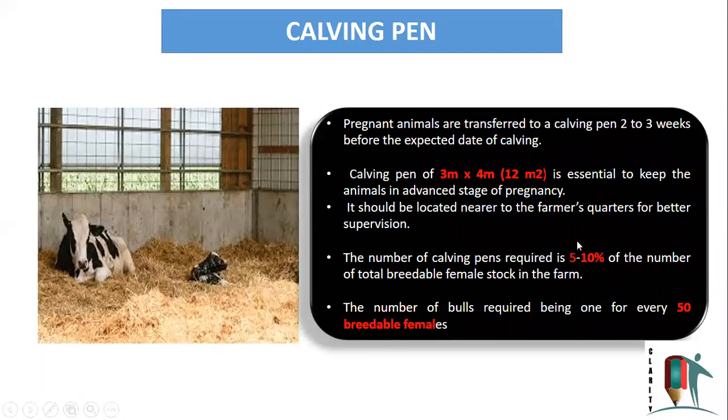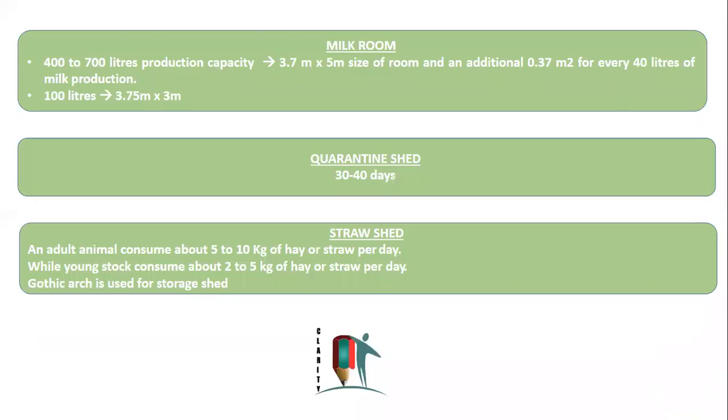It should be 5 to 10% of the total breedable female stock in the farm. Somewhere you will find 5% written, somewhere 10%. So the range is 5 to 10% of whatever breedable female stock you have. Then, the number of bulls required is 1 for every 50 female cows. Okay, for 50 female cows, 1 bull is required in the farm. You have to remember this too.